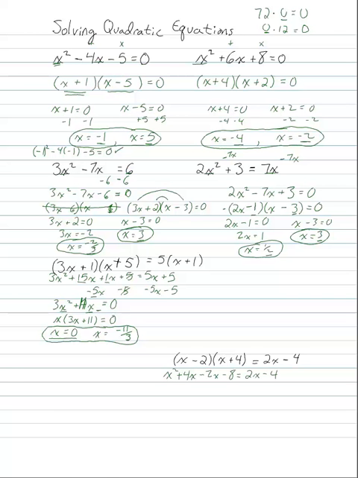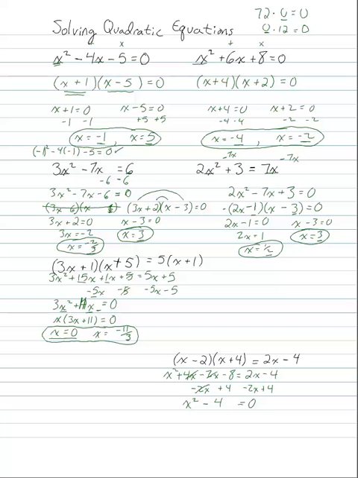I'll subtract my 2x, so minus 2x, and I'll add my 4 to get one side equal to 0. So 0 equals, on the other side I still have the x squared. See, 4x minus 2x is 2x, minus 2x is 0. So these actually cross out. Minus 8 plus 4 is minus 4.